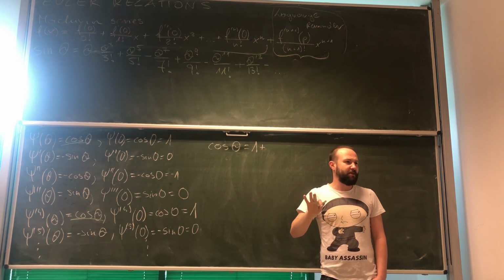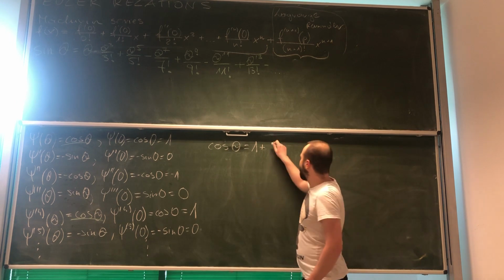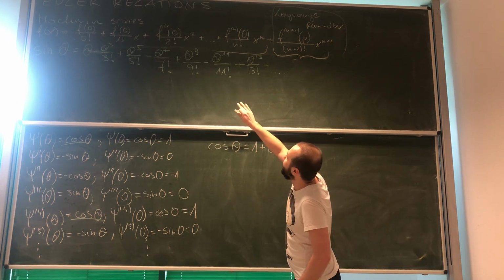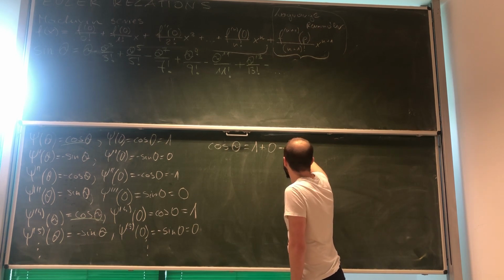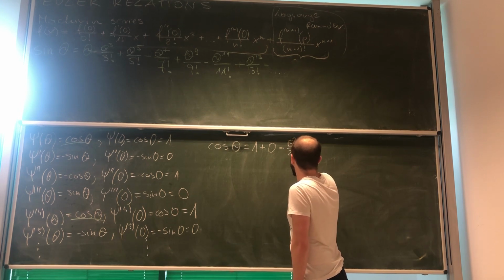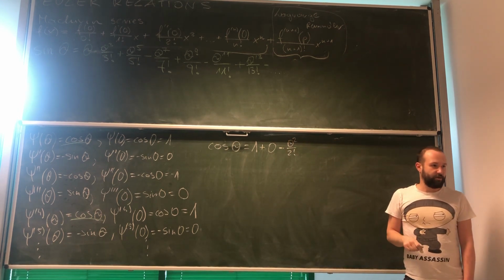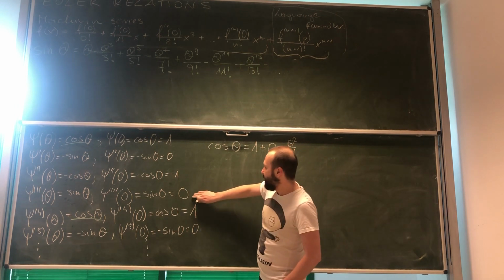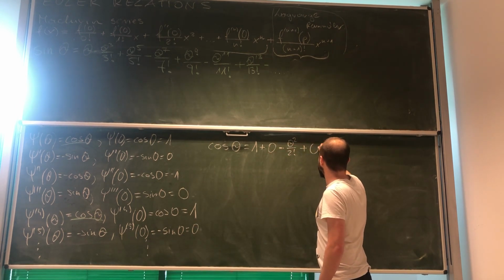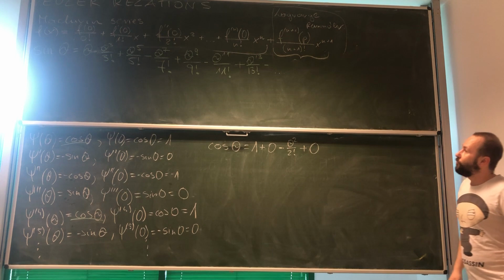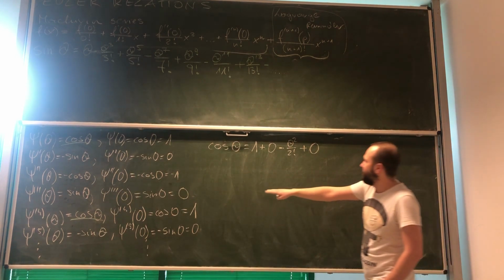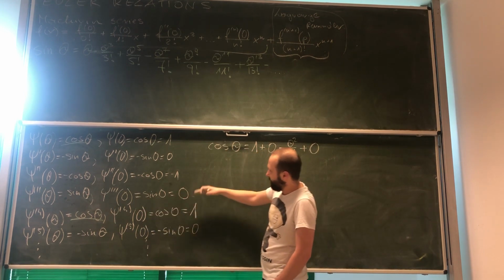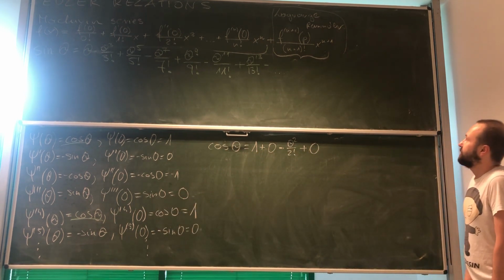Okay, let's maybe write this all. We've got plus 0, and now minus. We're going to have minus 1 times theta squared over 2 factorial. Okay, then we've got 0 again, because here the third derivative evaluated at 0 is 0.